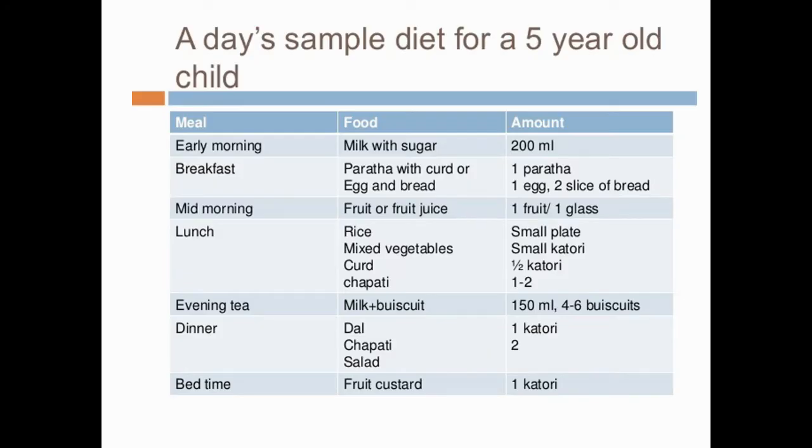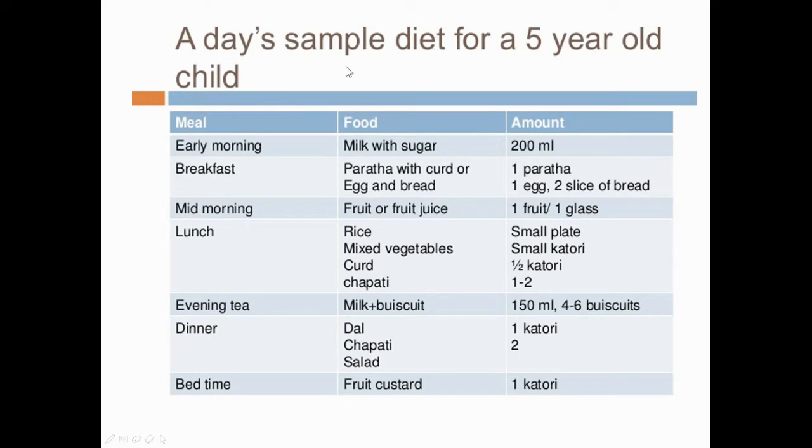This is a balanced diet chart for a 5-year-old child. This is how we split it: the meal, the food, and the amount. For example, early morning: milk with sugar, 200 ml.